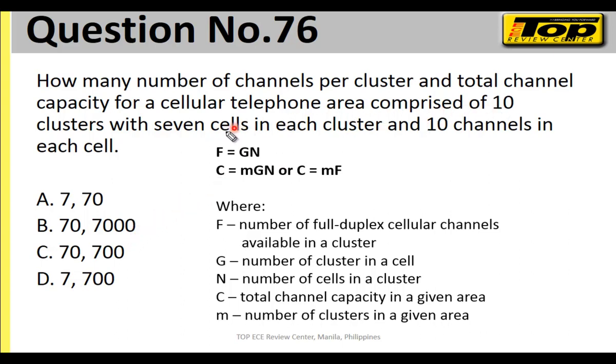So 10 times 7 times 10, that would be 700. So the answer is letter C. 70 for the number of full duplex cellular channels available in a cluster, and 700 for the total channel capacity in a given area. So letter C is the correct answer.